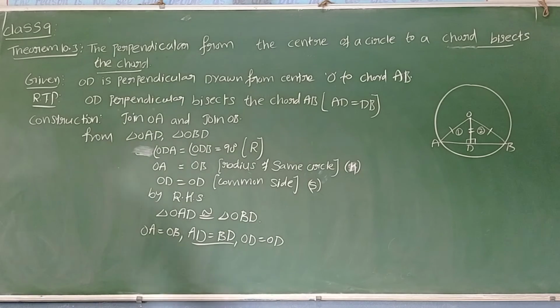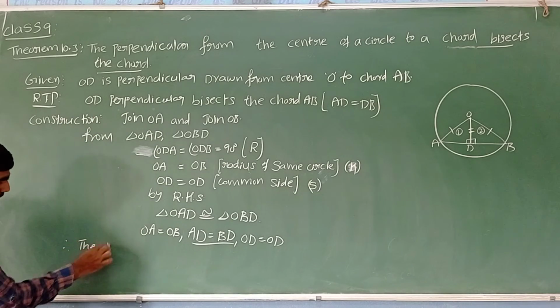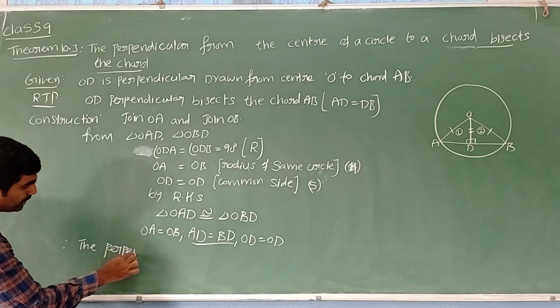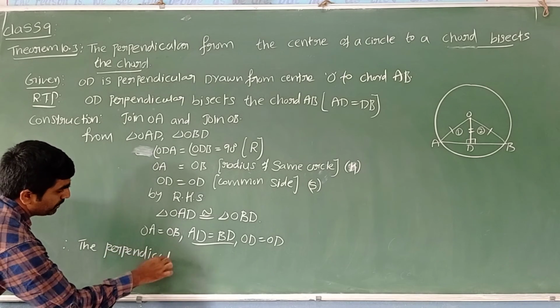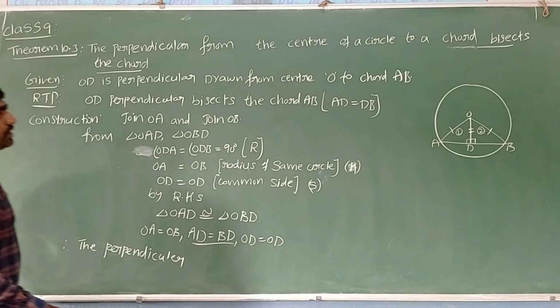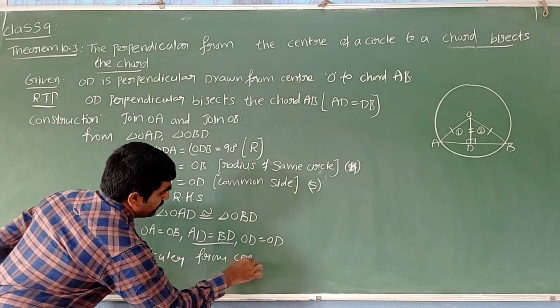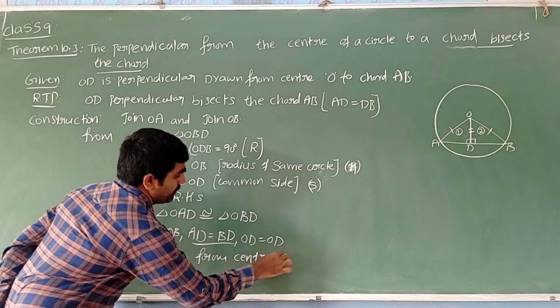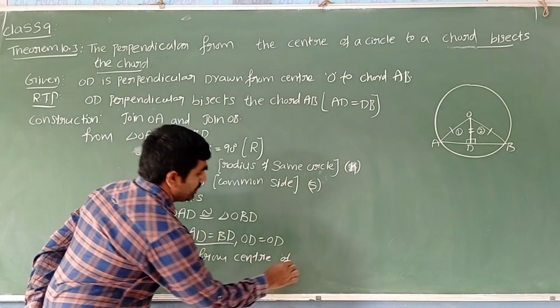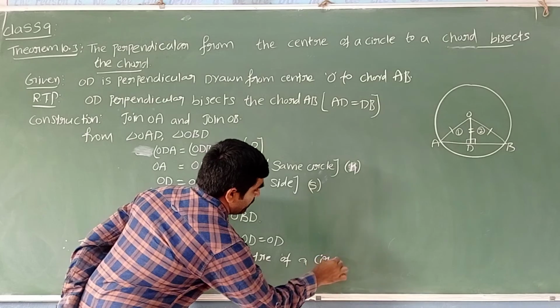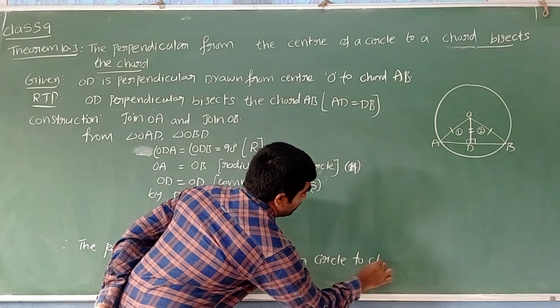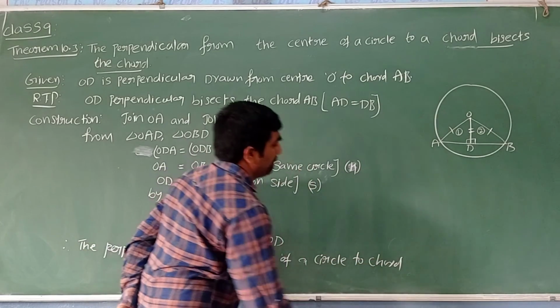Now we can conclude that, therefore, the perpendicular from the center of a circle to a chord bisects the chord.